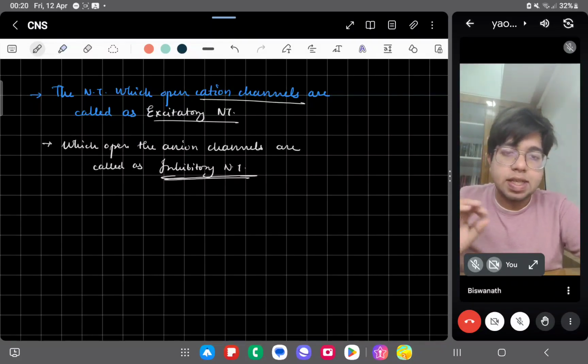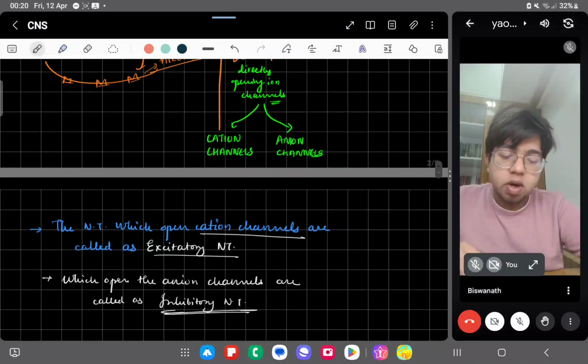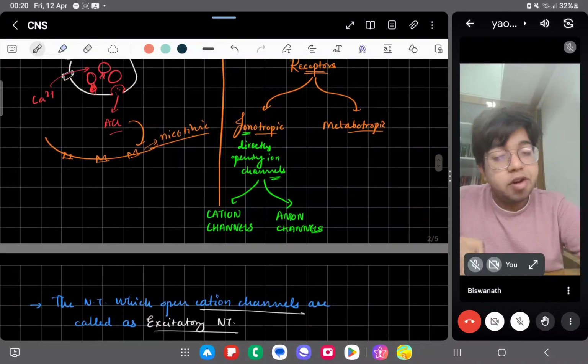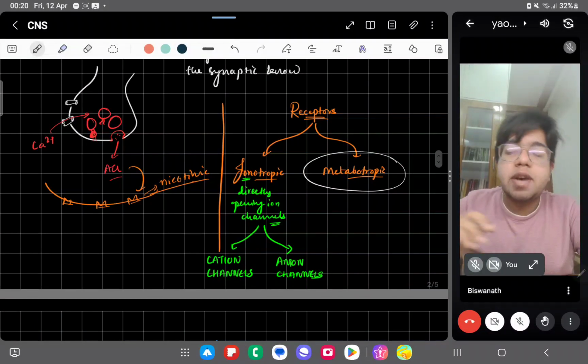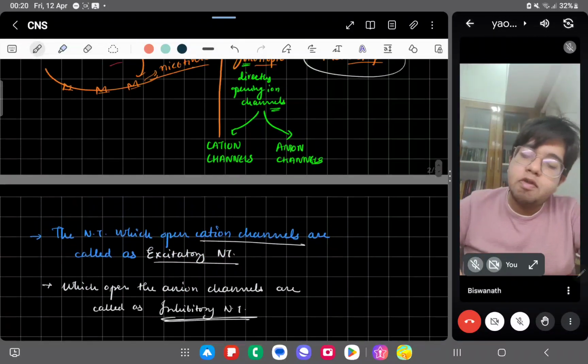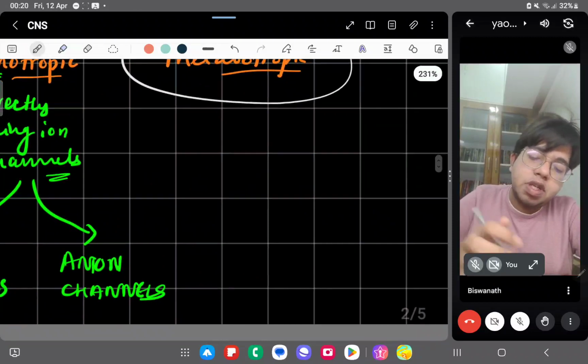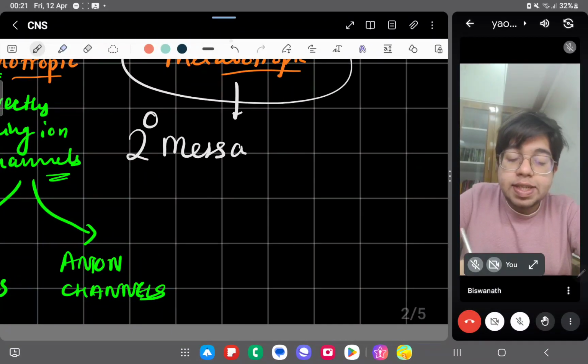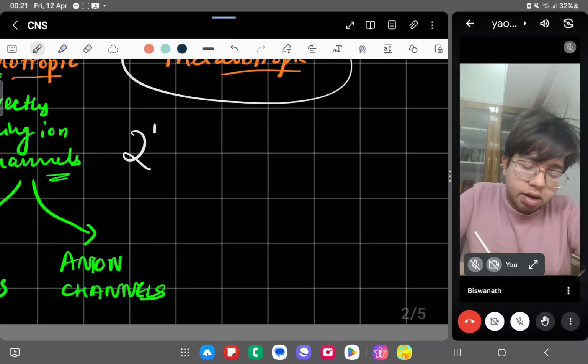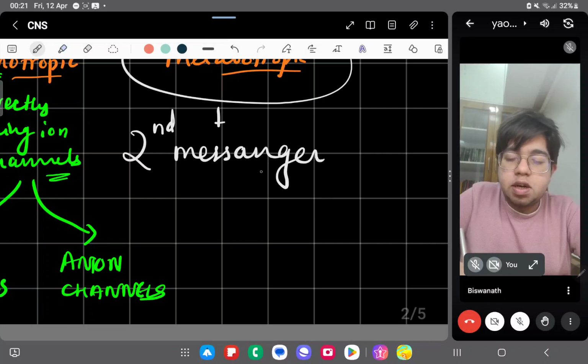The concepts are clear, right? Okay, these are the things about ionotropic receptors. And metabotropic receptors have a very unique mode of functioning. Okay, they work mainly by a system which is called the second messenger system.